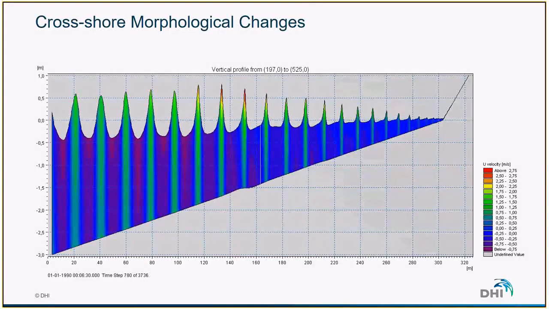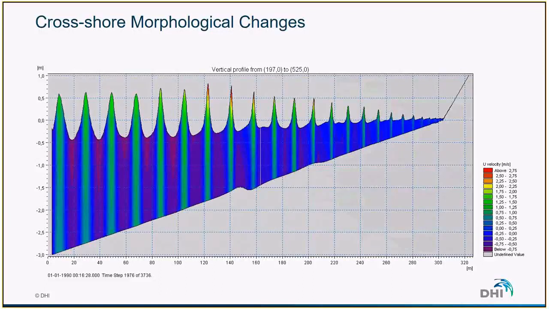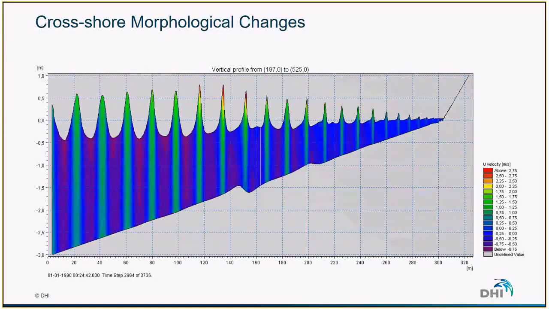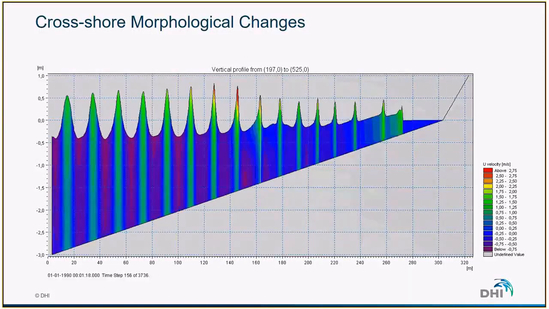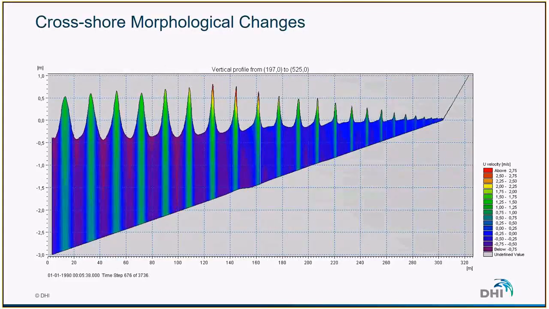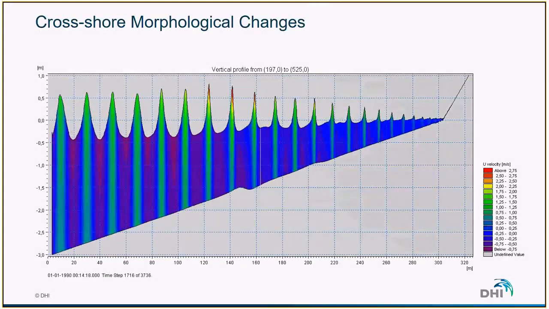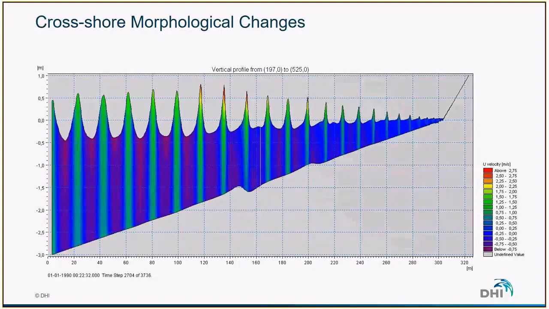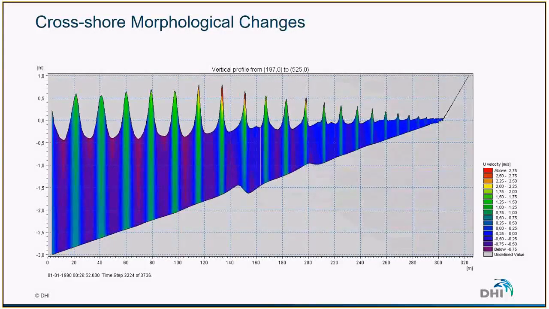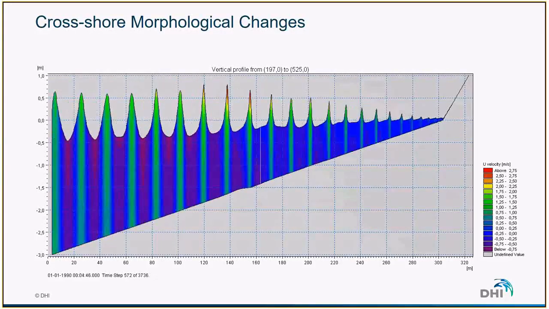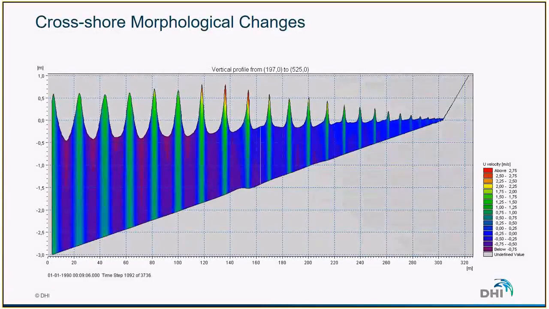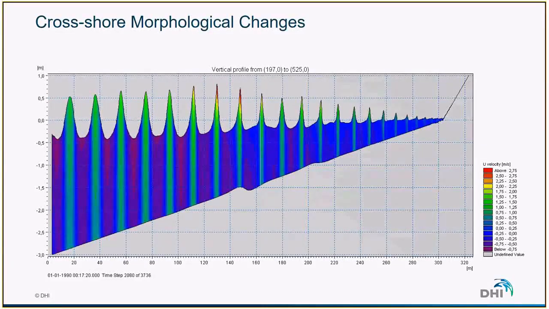And we can see that the coastal profile is developing and that we have contributions in both directions. So the undertow gives an offshore directed transport in the surf zone, and outside the surf zone, the transport is weak with a tendency to the onshore direction.